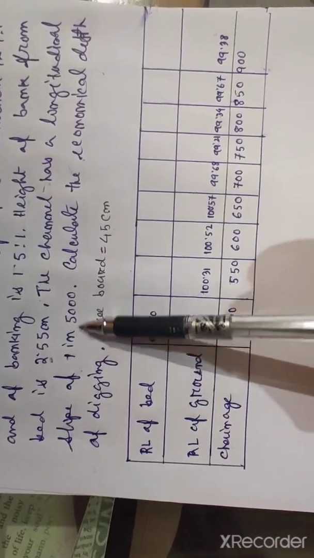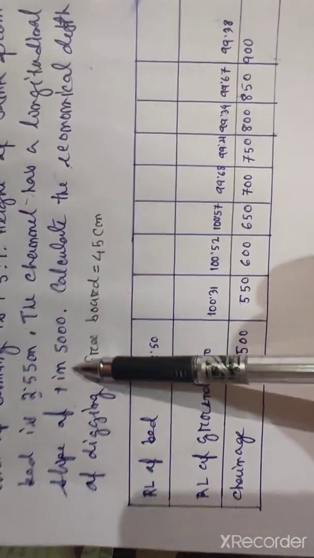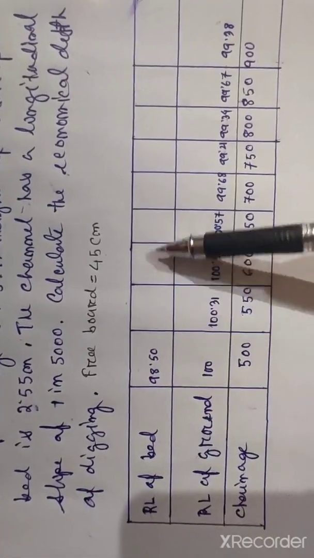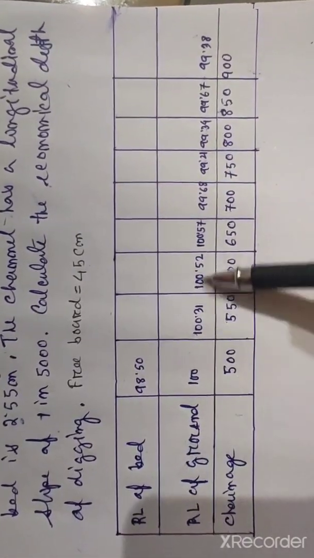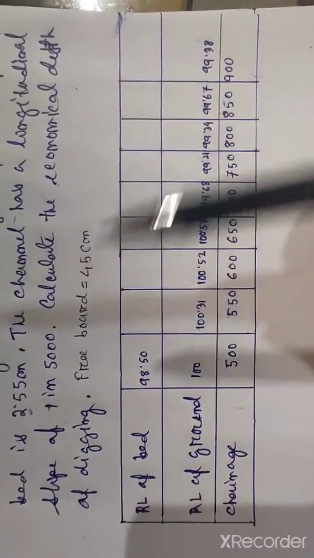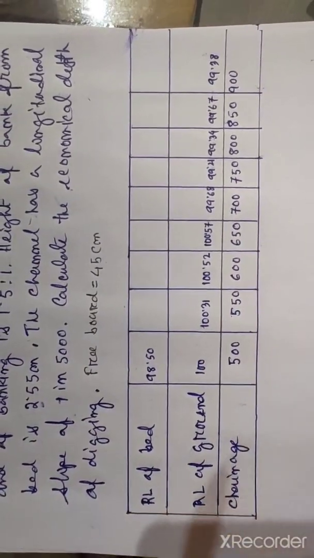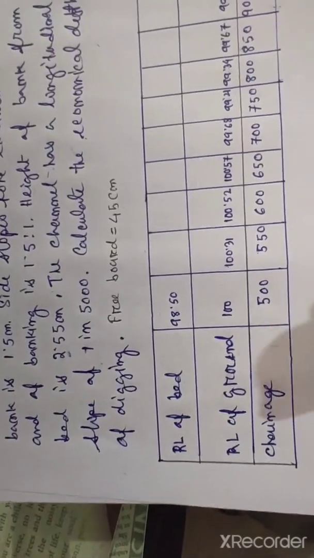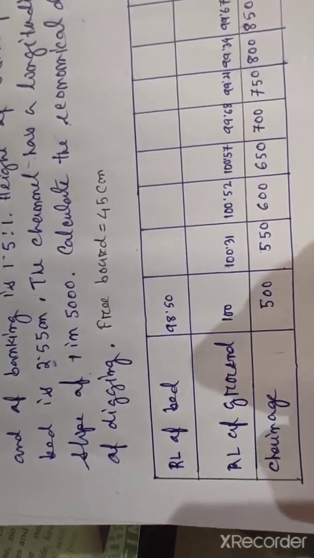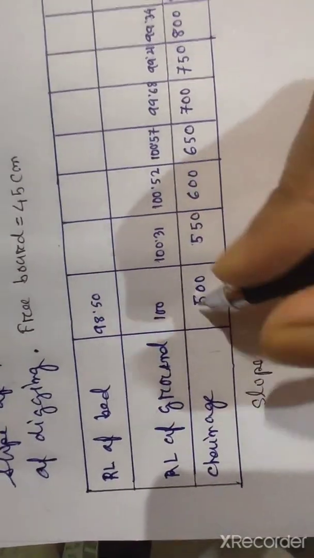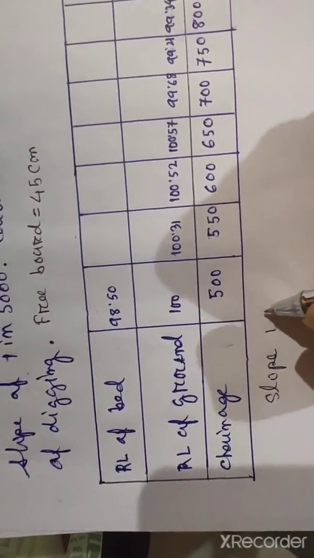Just like we have solved in the road problem, in the calculation of earthwork in roads, we need to find out the RL of the bed from the ground level, ground points as well as the gradient. The channel has a downward slope of 1 in 5000.